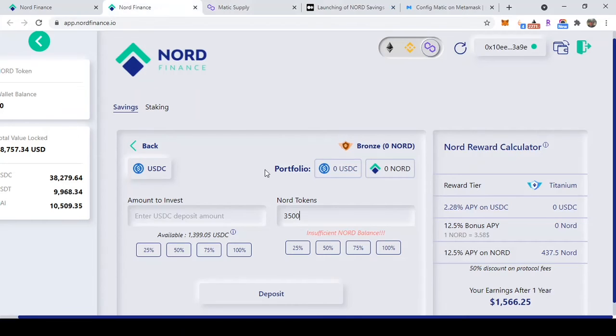Even if you don't have any Nord tokens to deposit, you still qualify for the Bronze level, which gives you a 2% APY bonus on your USDC deposited and a 2% APY bonus on any Nord deposited. Again, both of which will be paid to you in the form of additional Nord.